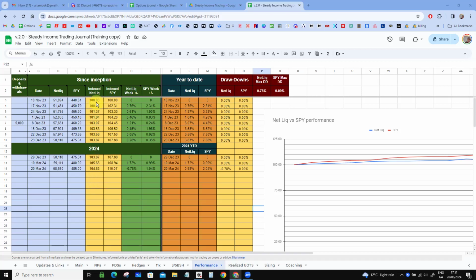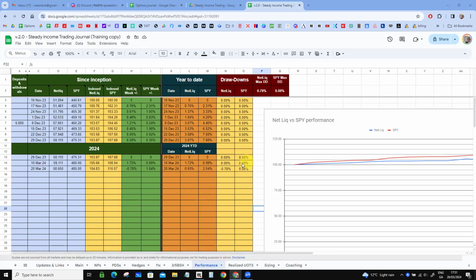And when it's indexed, what that means is whatever amount of money you start with, it's all converted to 100. So if you go further down here, that means you are up 4.83% from here. And same for SPY. And then that's shown here on a weekly basis, how you're doing, up or down per week, and then year to date.